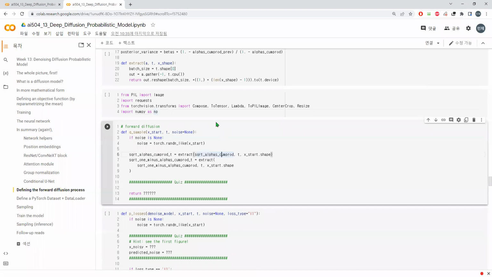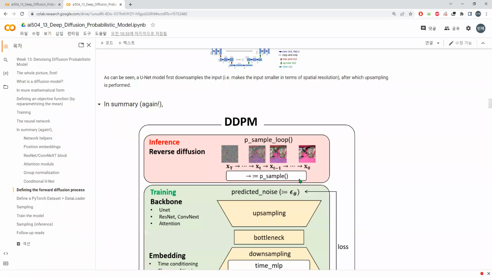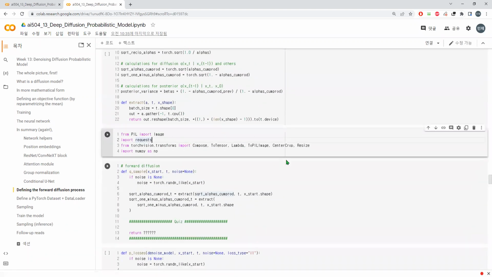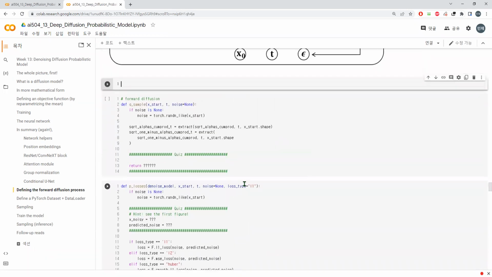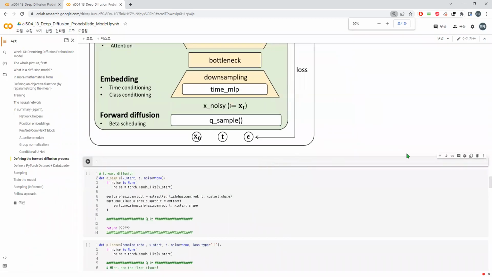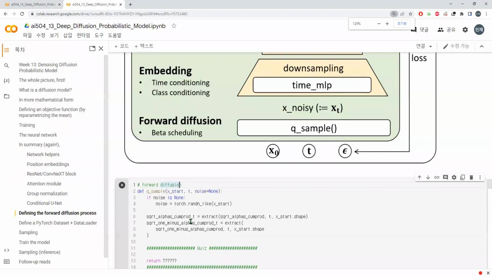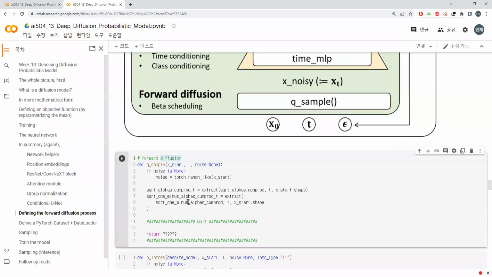Q sample. This is for the diffusion process, and there is a Q sample function here, and its input is x start, meaning the original image, and a specific timestep t, and noise sampled from the standard normal distribution.